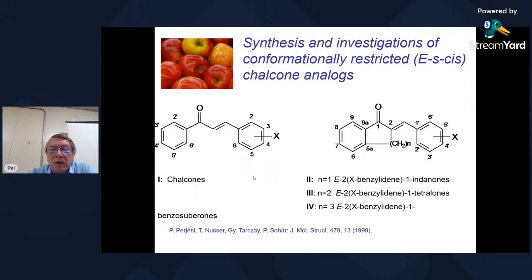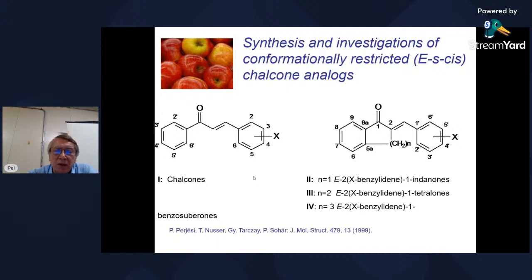Referring to our own results, we have investigated the anti-cancer effects of several open chain chalcones and cyclic chalcones, which were already mentioned in the previous lecture.